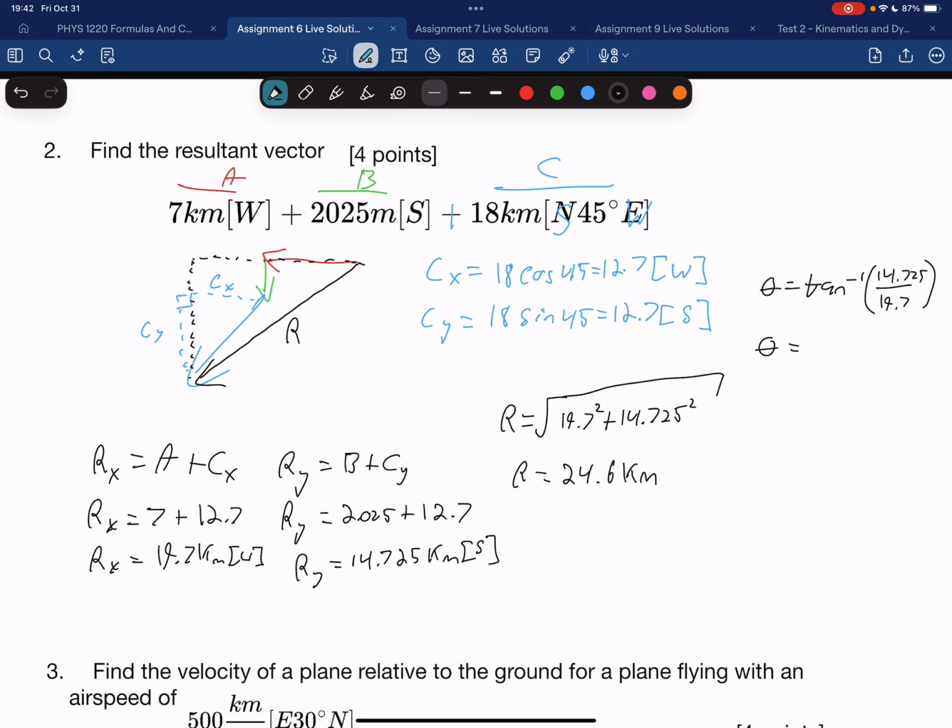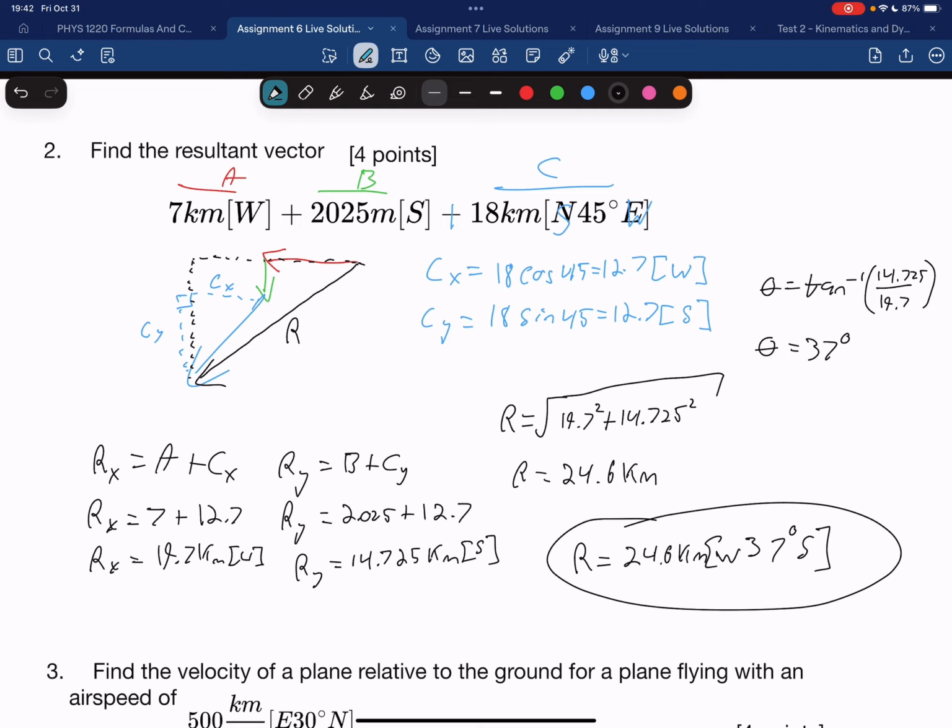Theta equals about 37 degrees. So my final resultant vector is 24.6 kilometers west, 37 degrees south. Again, this here in our triangle is the angle we're looking at. Start from west, moving downwards towards south.